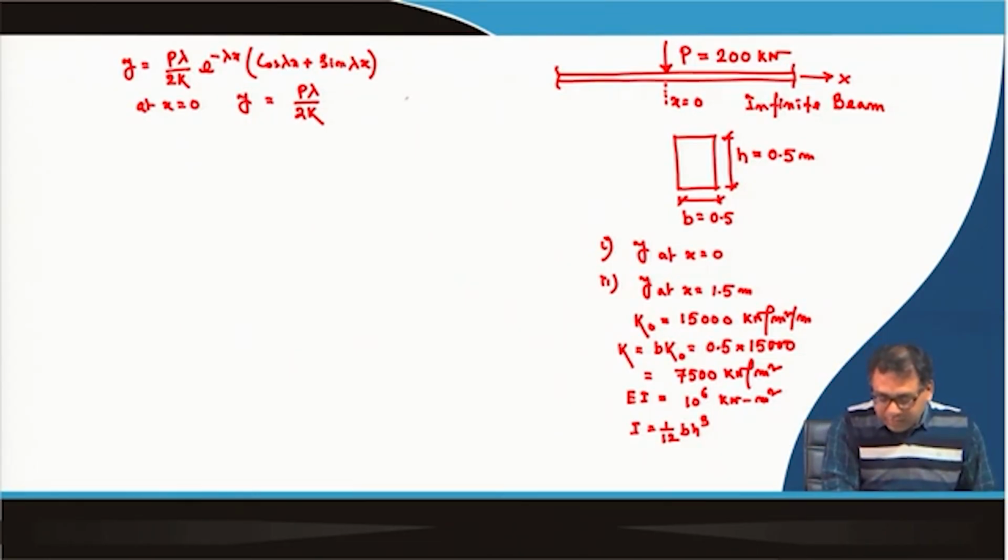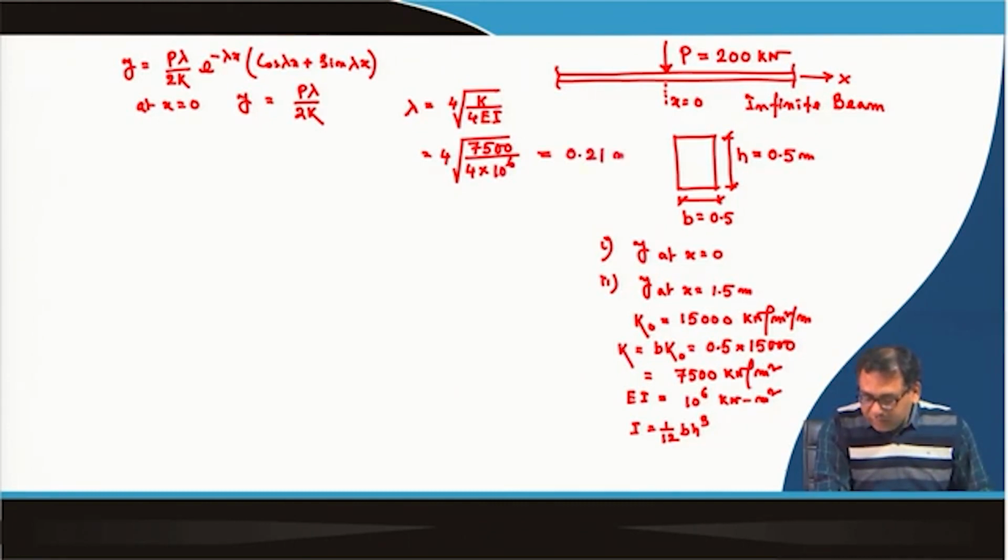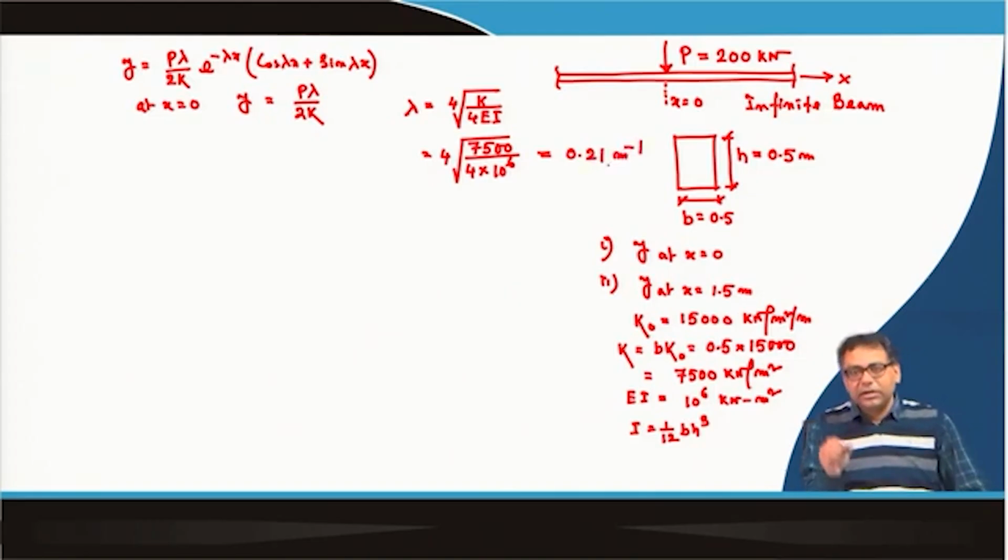So, we have to calculate the lambda value. Lambda value is the fourth root of k by 4EI. So, this is the fourth root of 7500 divided by 4 into 10 to the power 6. So, this is 0.21, and the lambda unit is meter to the power minus 1.